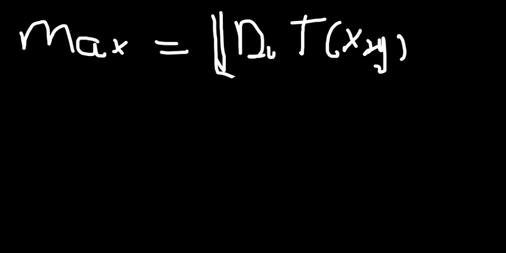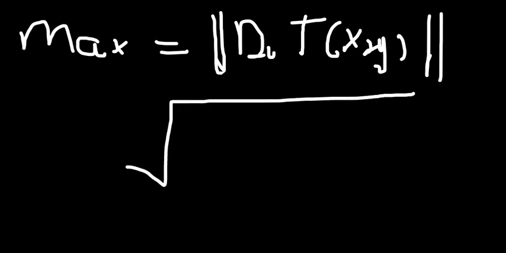It is the same as the norm. So let us write it here very well. The norm of this is the square root. We know our derivative of this is negative 16 plus 6.